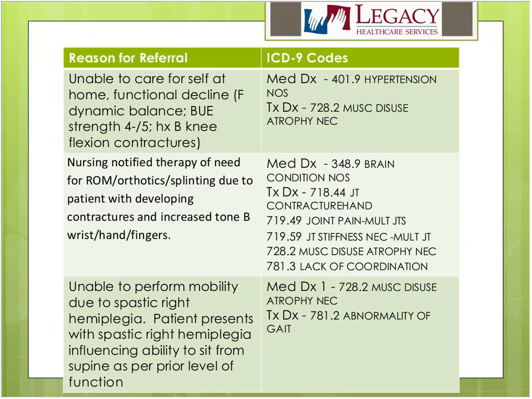Medical diagnosis is muscle disuse atrophy, and then treatment diagnosis, abnormality of gait. The thing that stands out to me is that there is no code to describe the hemiplegia or the hemiparesis. So 342.11 would describe hemiplegia and hemiparesis affecting that dominant side.